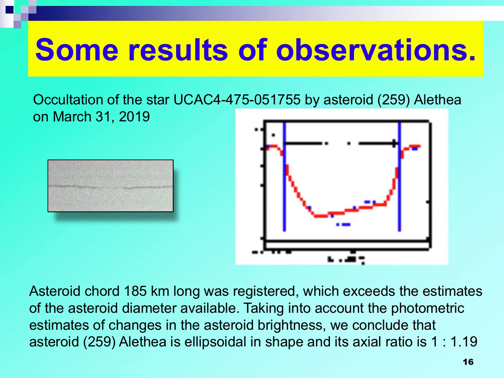Taking into account the photometric estimates of the changes in the asteroid brightness, we conclude that asteroid 259 Aletheia is ellipsoidal in shape and has an axis ratio of 1 to 1.19.